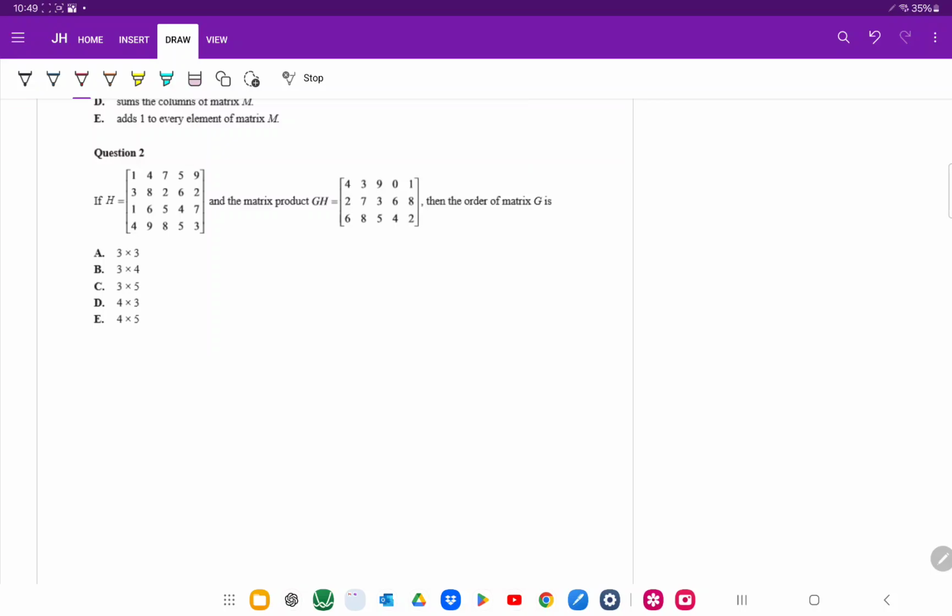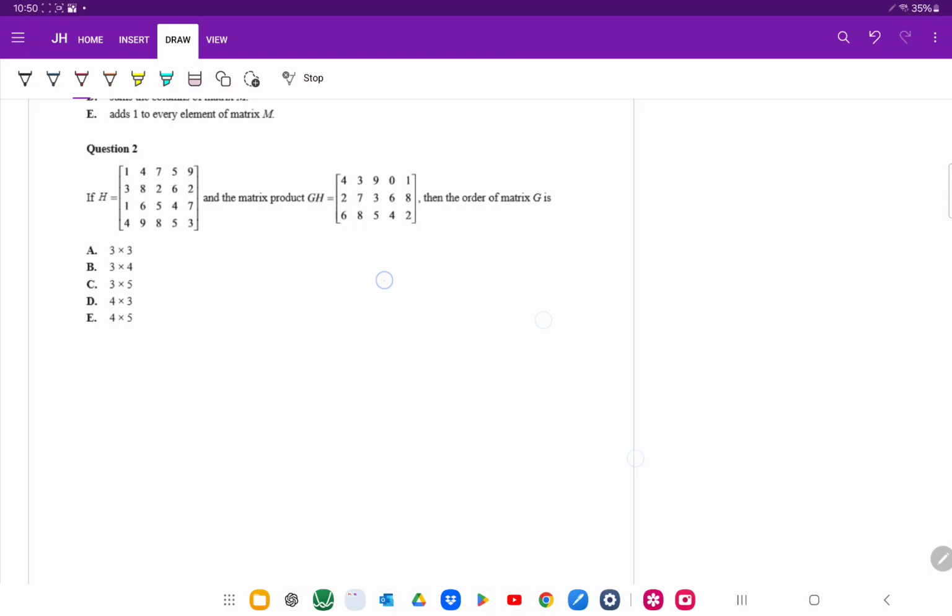You've got the resulting matrix, but you don't have the original matrix. So for this one, G times H will give us a 3 by 5 matrix. If we look at the 3 by 5 matrix, there would have had to be two other matrices here.